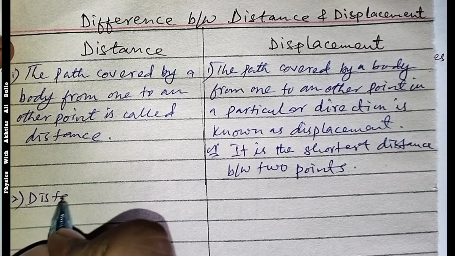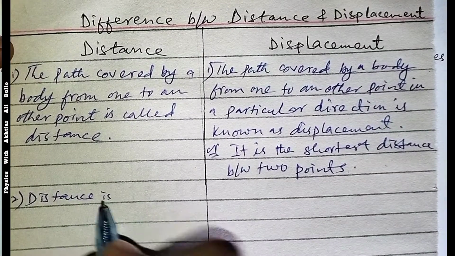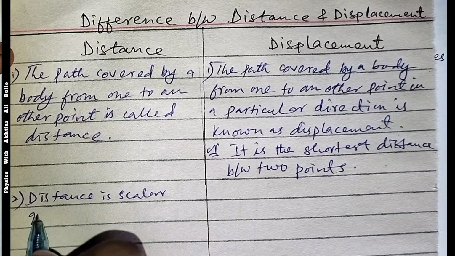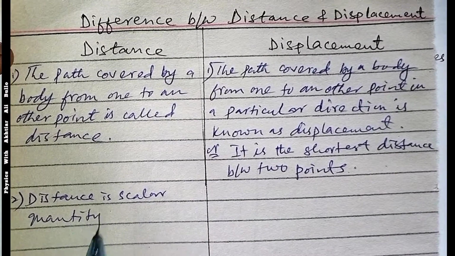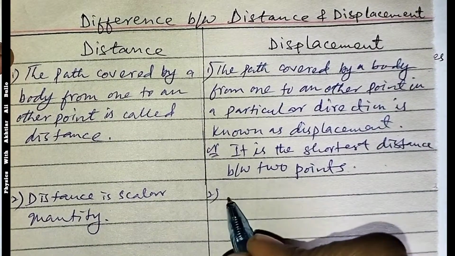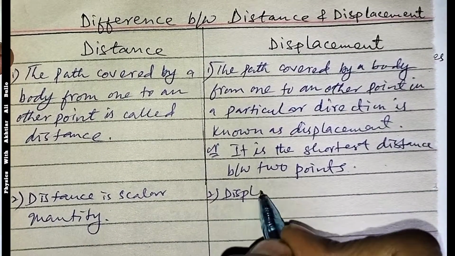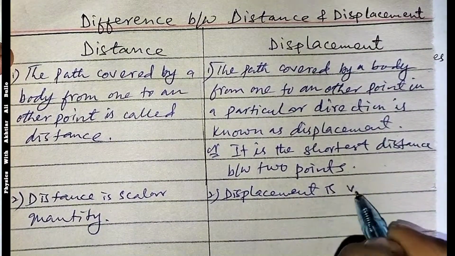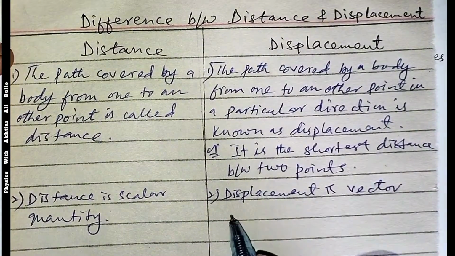Distance is a scalar quantity while displacement is a vector quantity.